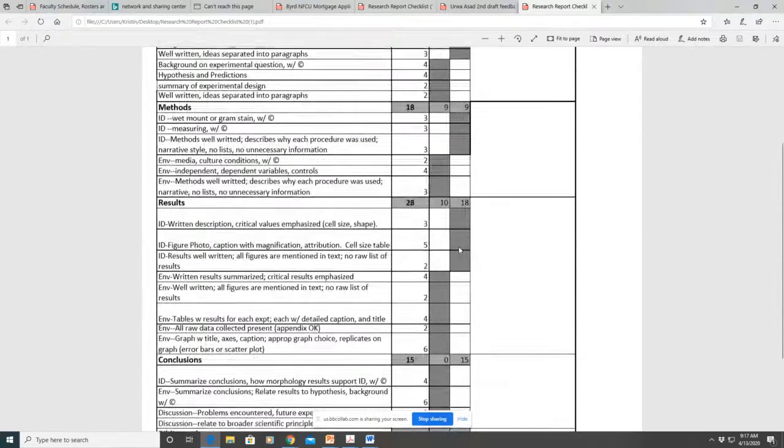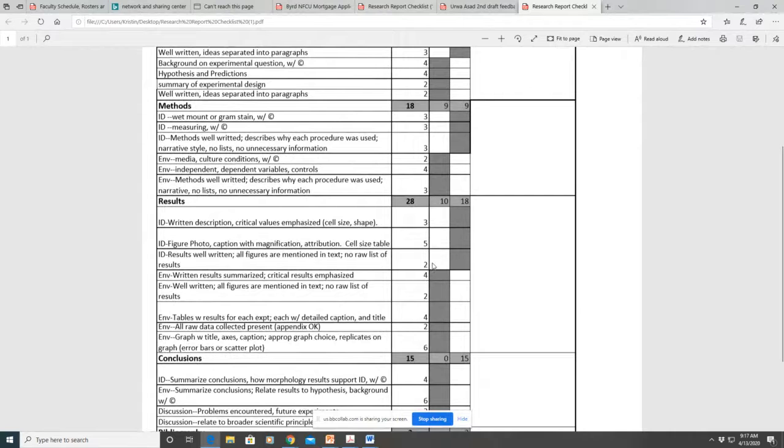Most of you did really good on this part because you had already turned this part into me, so that was really fabulous. For your results, you have to have written results for both your characterization of your organism and your environmental experiment. And what that means is you have to have a paragraph that says, this is what we did, and we found that the cells were gram stained to a purple color, they were bacillus shaped, and they were 2 microns in size.